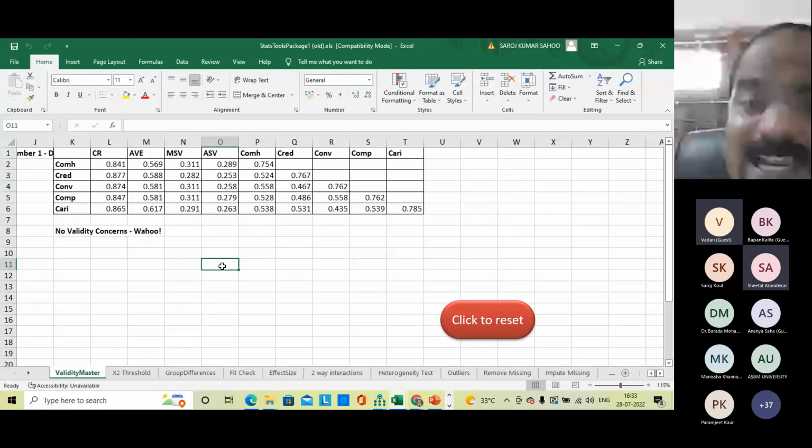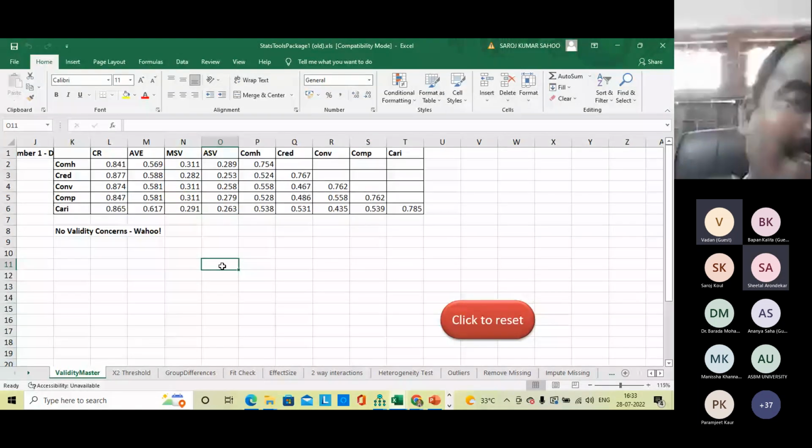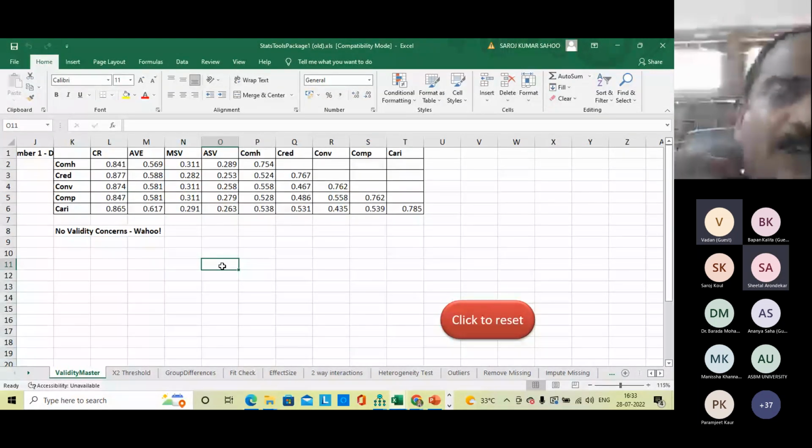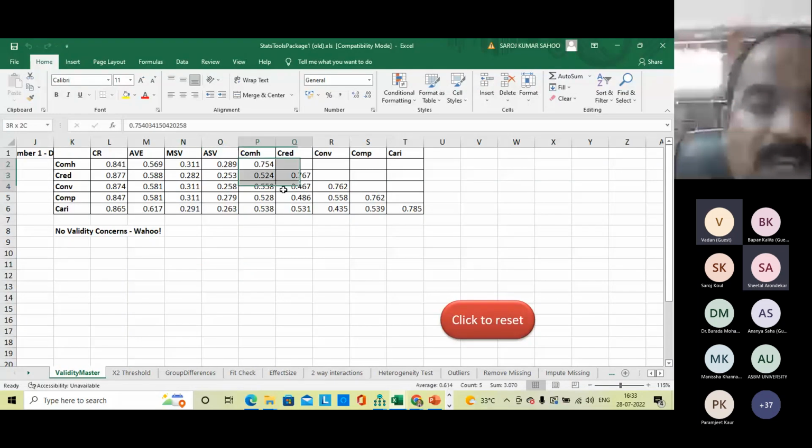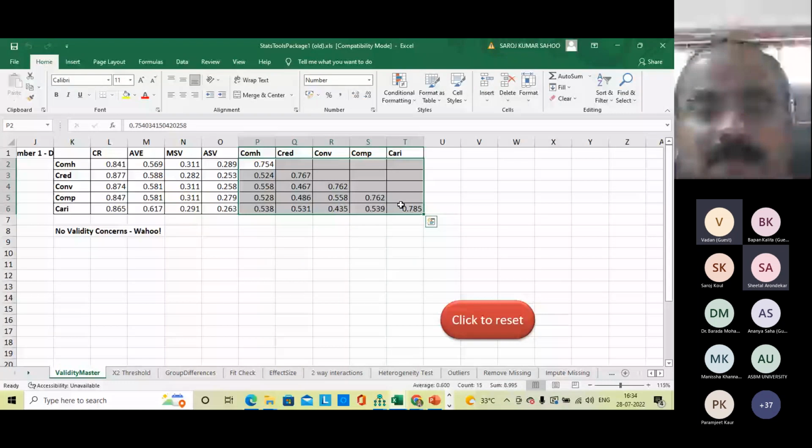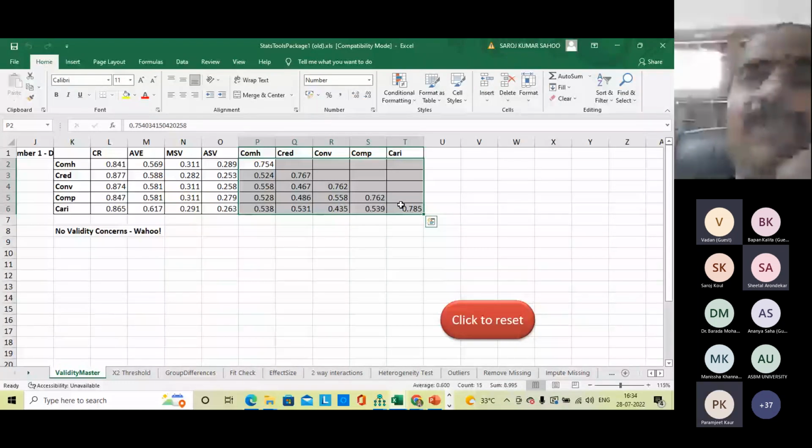Now the second criteria. The second criteria is that the off-diagonal values must be less than the diagonal values. Look here. This is the correlation matrix, or covariance matrix, which I have highlighted in the Excel sheet. All the off-diagonal values must be less than the diagonal values.